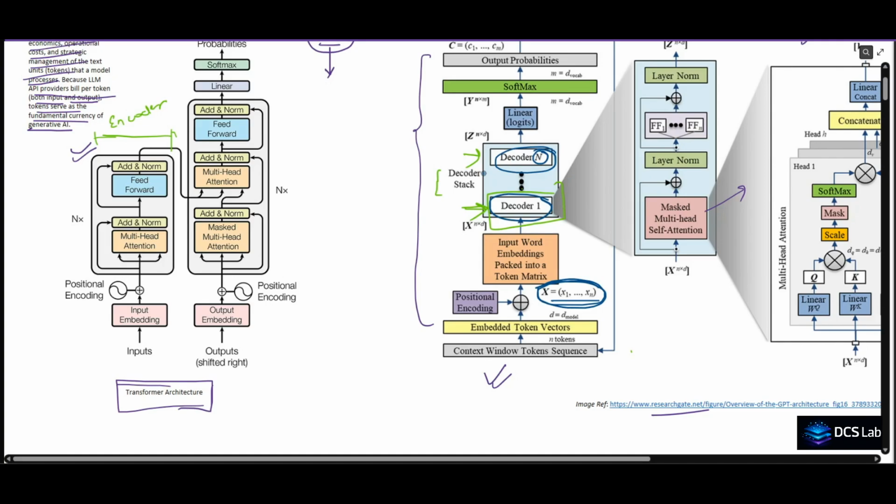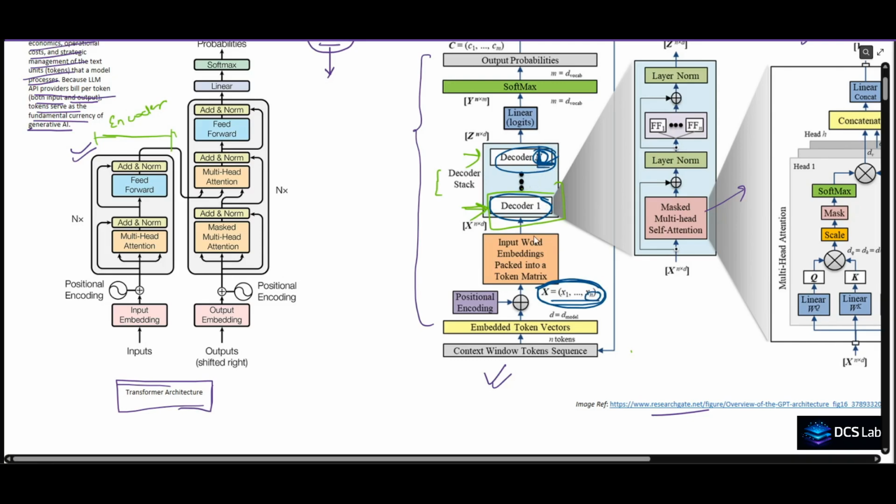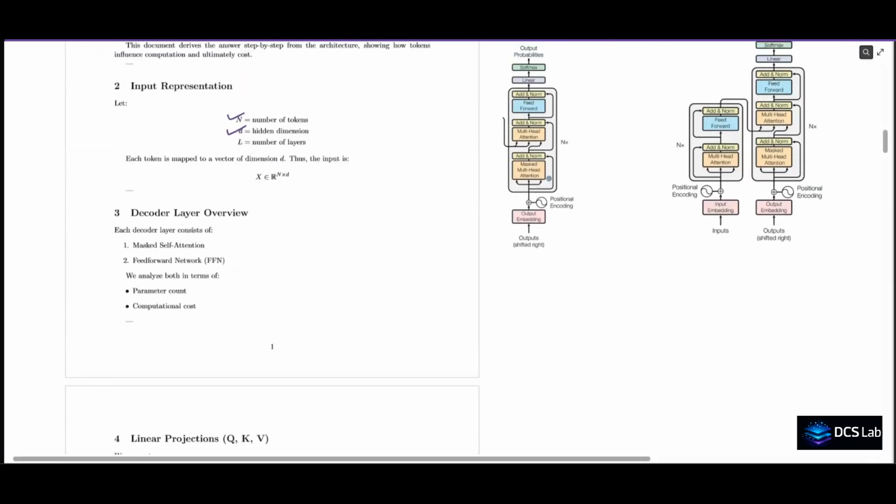Just for the sake of understanding, this small n and this capital N are different. For our derivation, we will assume this is L: decoder 1, decoder 2, decoder 3 till decoder L, L decoder layers. That's the input representation we have in place. N is the number of tokens, D is the dimension of the vector, L is the number of layers. Each token is mapped to a vector of dimension D.